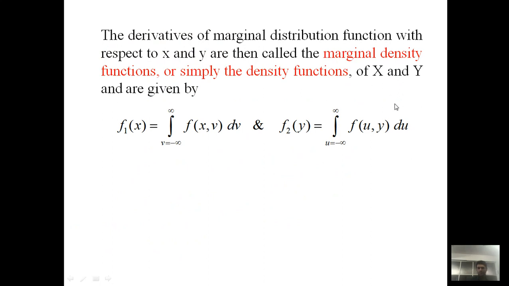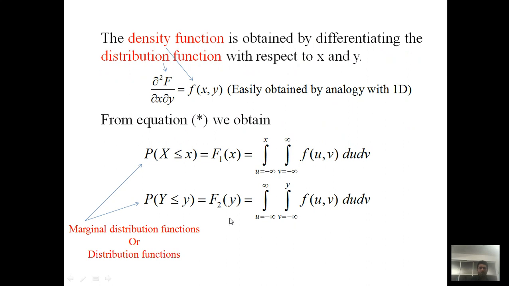And this equation, the marginal density function of y, is obtained by finding the derivative of the marginal distribution function with respect to y.